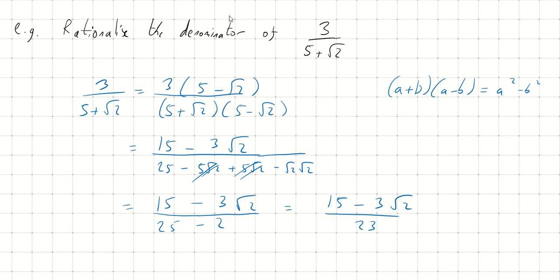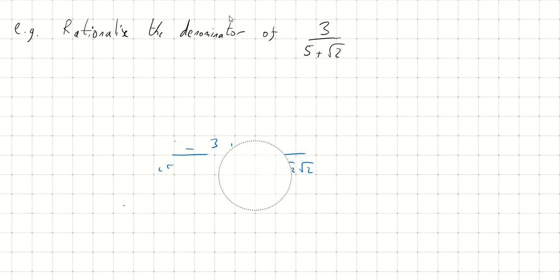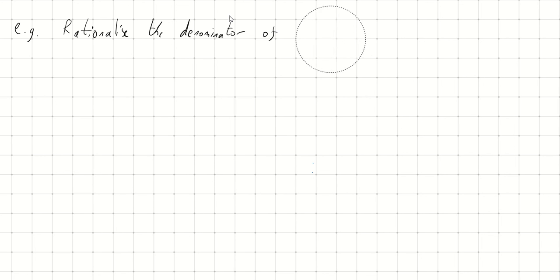Okay, great. Let's do one more example similar to this one, just so we can have another practice. So now our example is rationalising the denominator of 5 plus root 7 over 3 minus root 7.